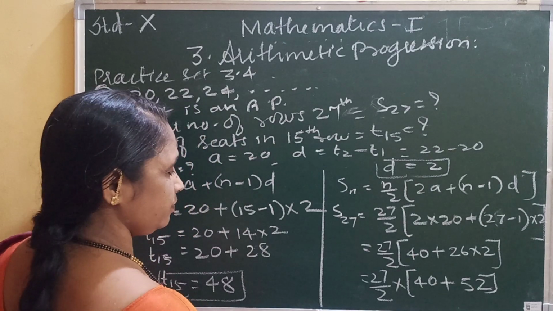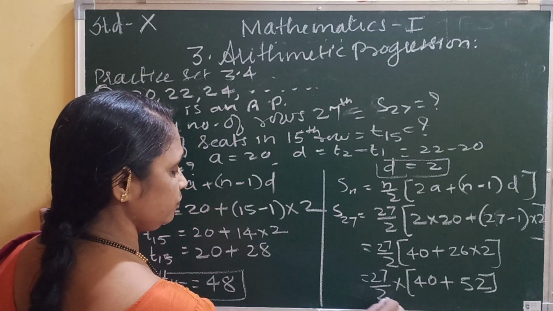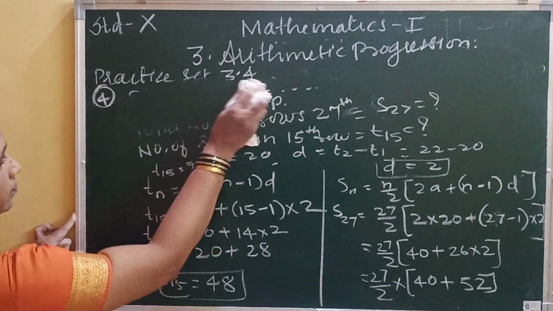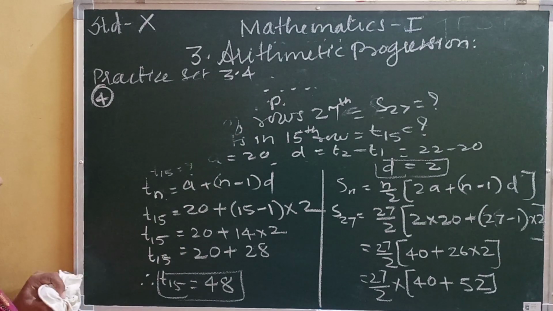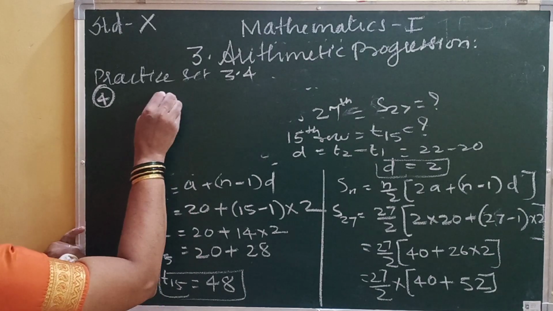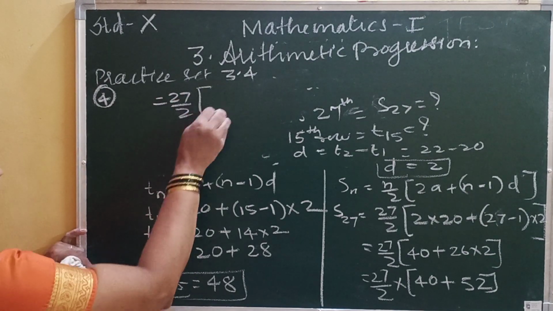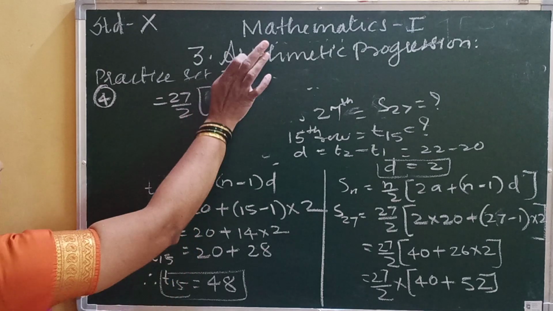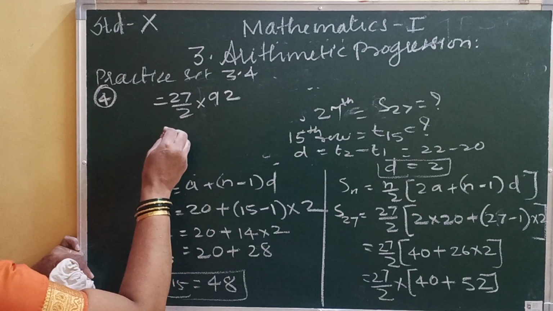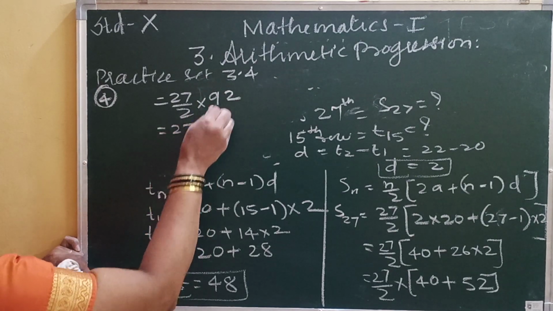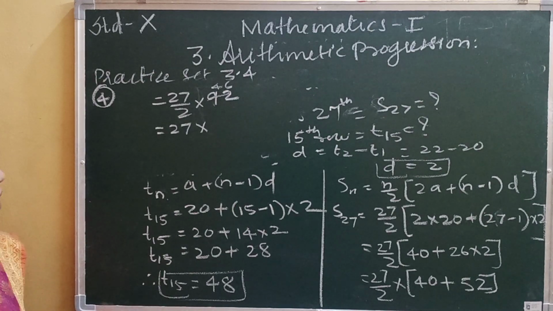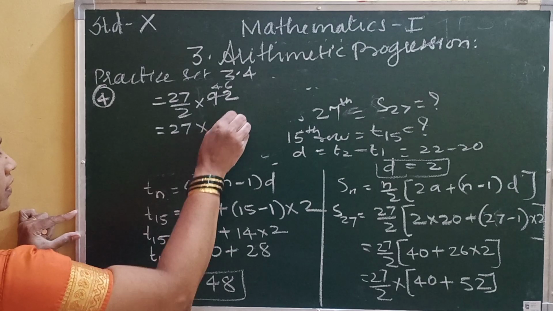So 27 upon 2 into 40 plus 52, that is 92. 92 divided by 2 is 46.